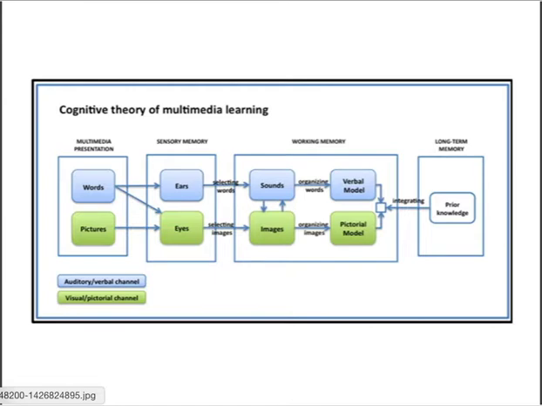Ideally, the stimuli, in our case course content, should be presented in a way so that it's evenly distributed across the visual and auditory channels so that it can be more easily organized in working memory, integrated with that prior knowledge, and moved into long-term memory, allowing cognitive processes to operate at optimal levels and meaningful learning to occur.